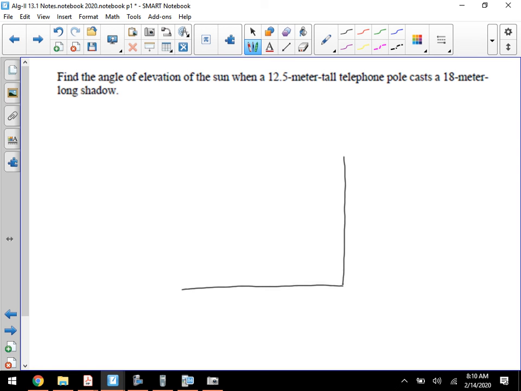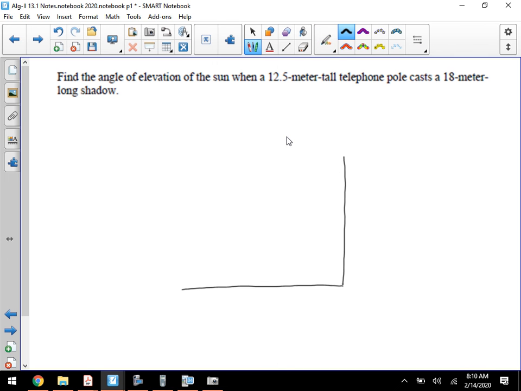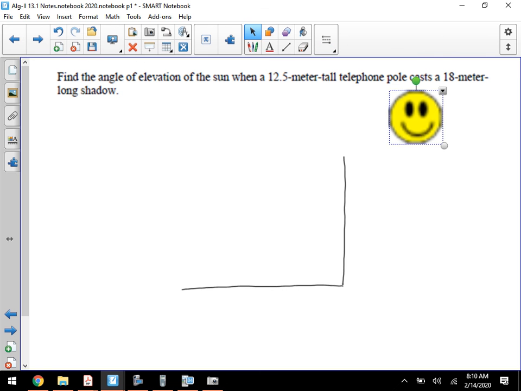Now, this is a tough one. Where is the sun located? Down there. So we have to find the sun. Ready to go. I found the sun.